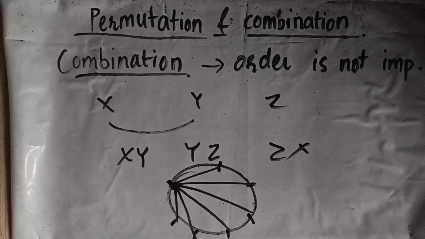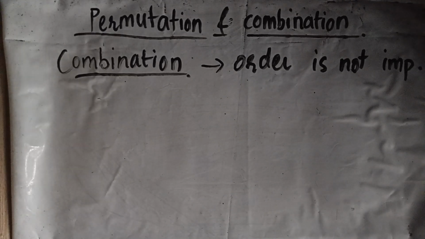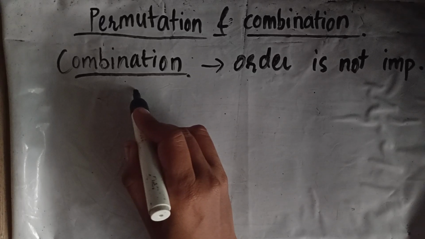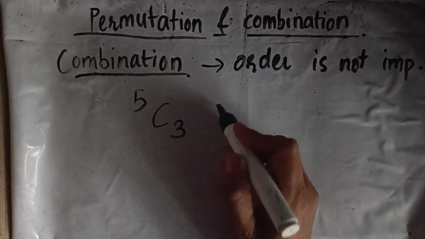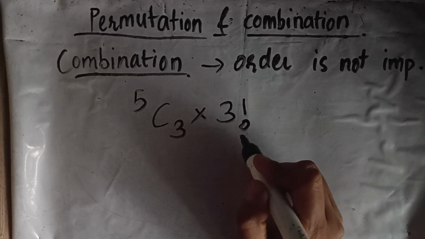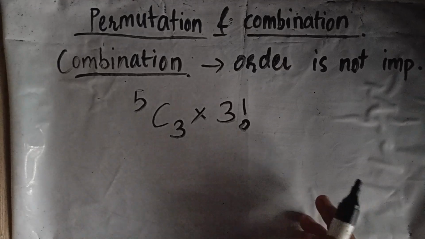So we can write this as an example. If 5 different objects are there and we are taking 3 at a time, the combination is given by 5C3, and we have to multiply by 3 factorial, because arrangements are done in 3 factorial ways.